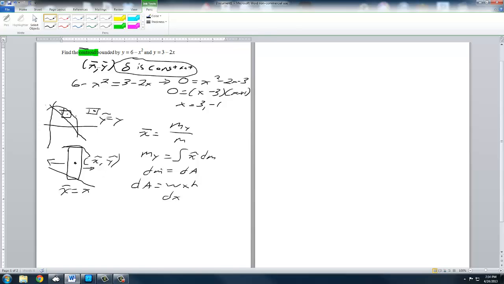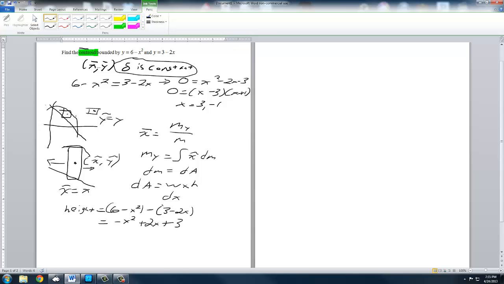Therefore, the height will be equal to the top function, which is 6 minus x squared, minus the bottom function, which is 3 minus 2x. If you simplify this, I do believe it is negative x squared plus 2x plus 3.